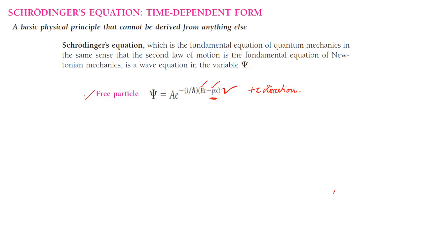So what we must now do is to obtain the fundamental differential equation for psi. Once we have the fundamental differential equation for psi, which is the Schrodinger equation, we can solve it to get the form of psi in a specific situation, depending upon what kind of restriction is on that particle.